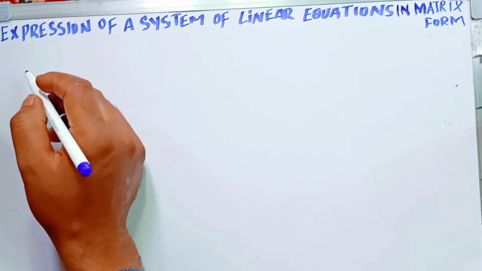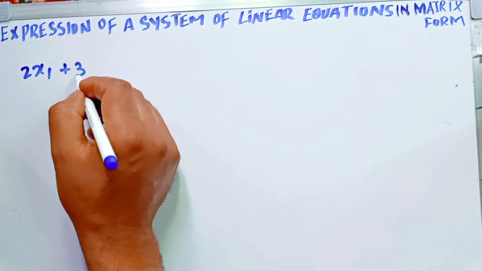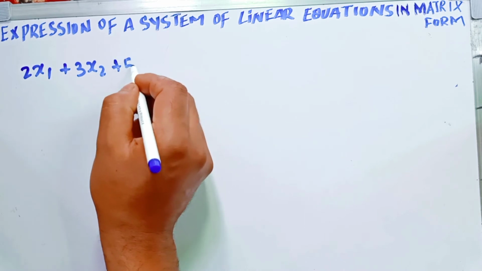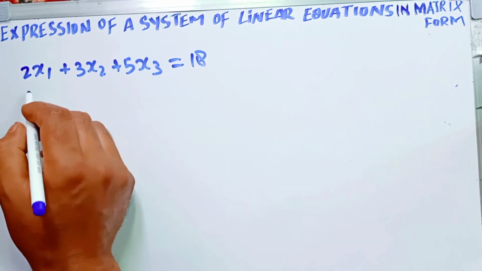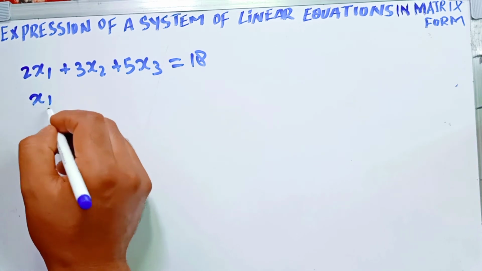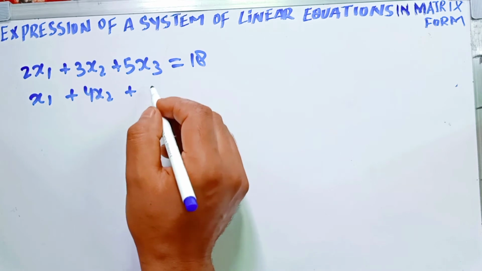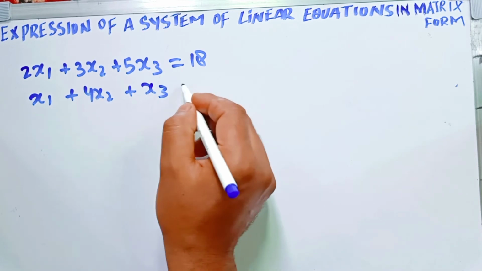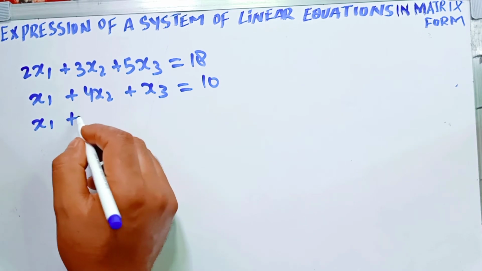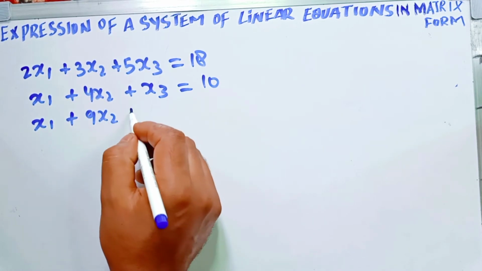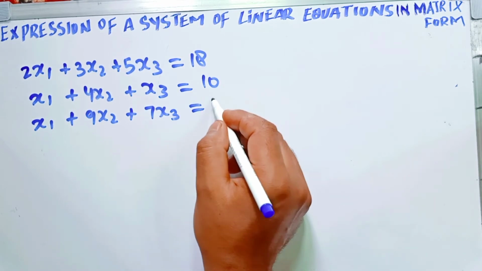Let us say I have 2x1 plus 3x2 plus 5x3 is equal to 18. The second linear equation is x1 plus 4x2 plus x3 is equal to, let us say, 10. And the third one is x1 plus 9x2 plus 7x3 is equal to 30.